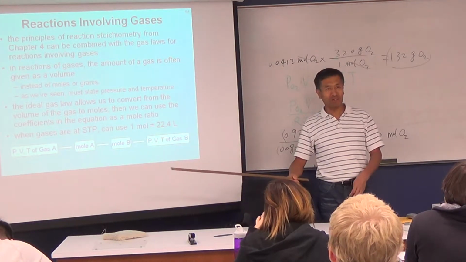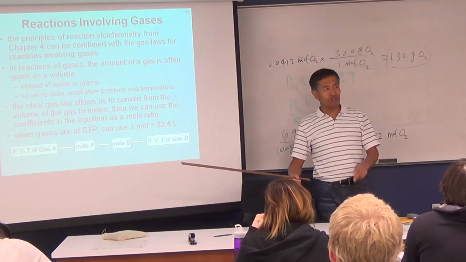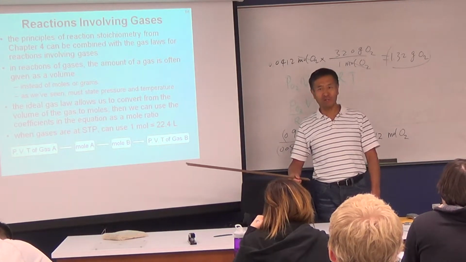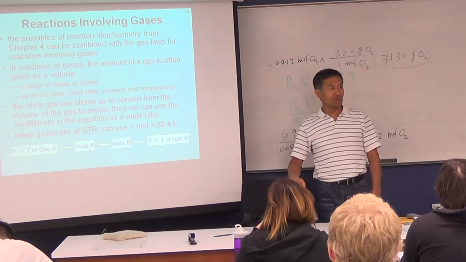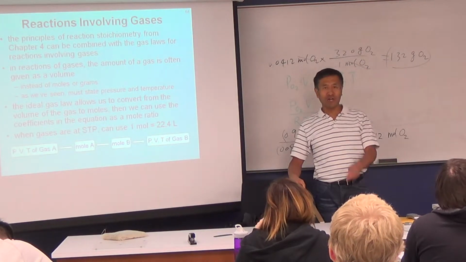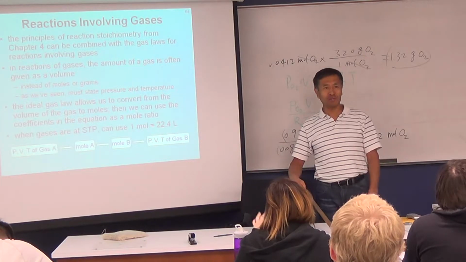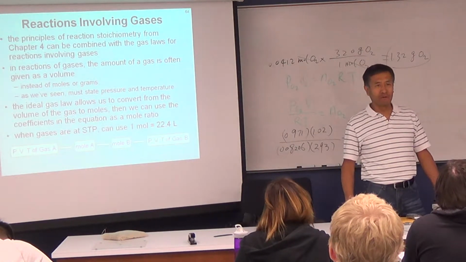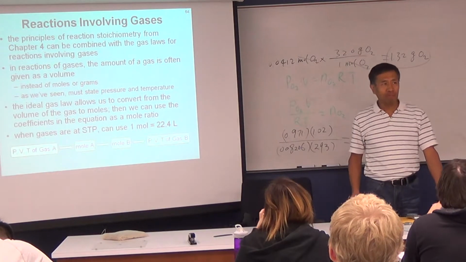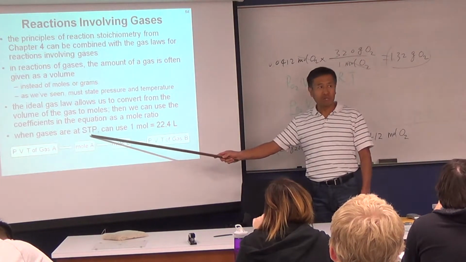Standard temperature and pressure. What is the so-called standard temperature? Yeah, 273 Kelvin or 0 degrees Celsius, right? What is the so-called standard pressure? 1 atm. So that's together called the STP.